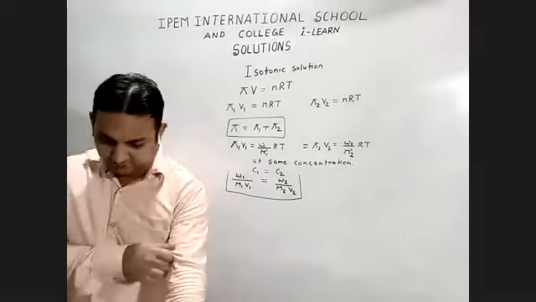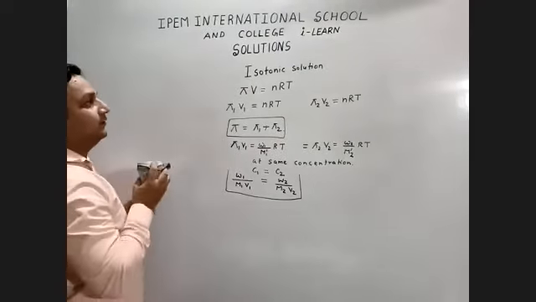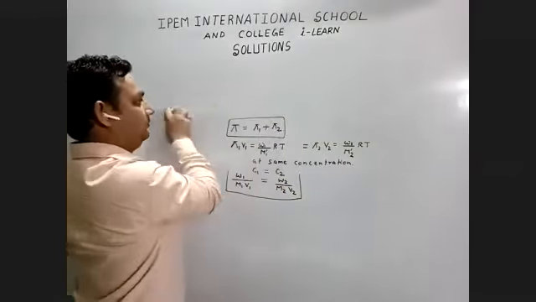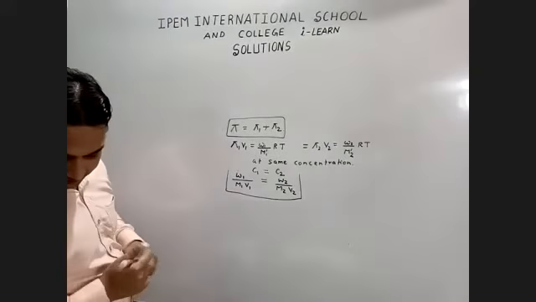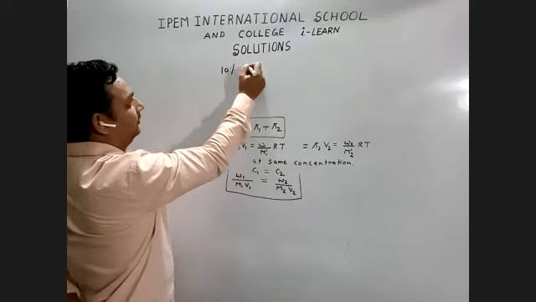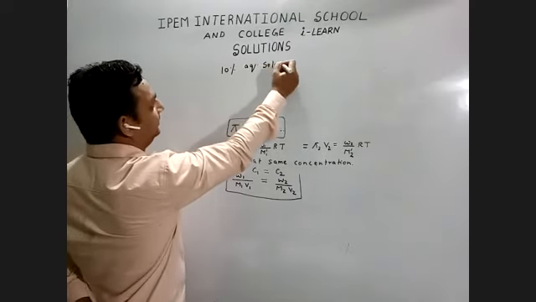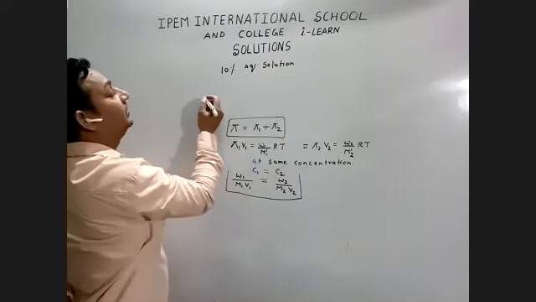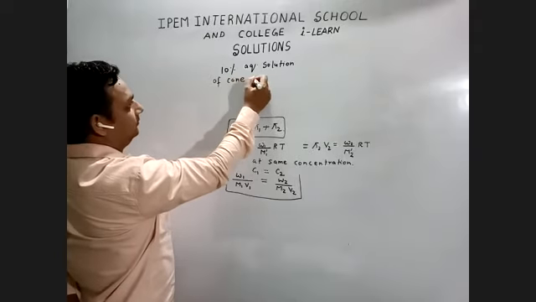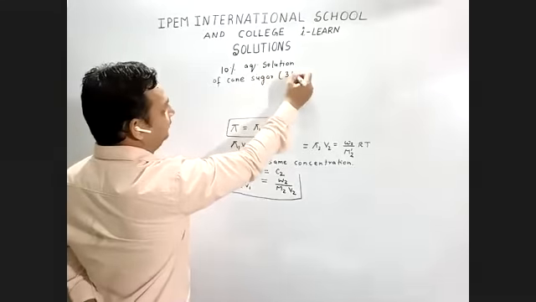A 10% aqueous solution of cane sugar, molecular mass they have given as 342.